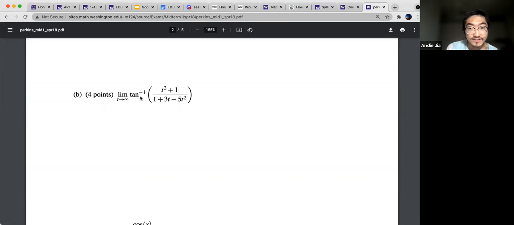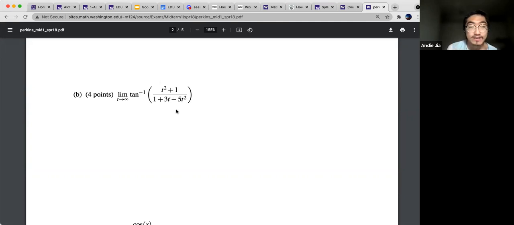For this one, don't be scared of the inverse tangent. The inside function is what matters. What is the highest power?